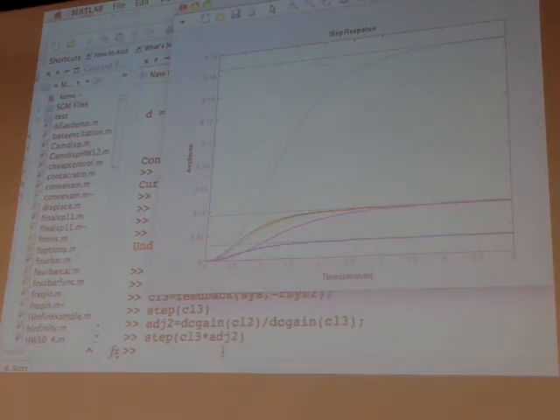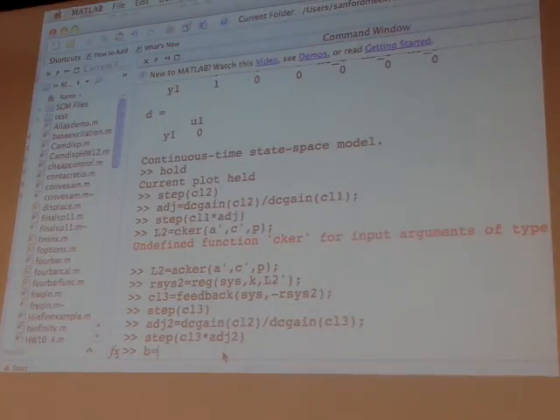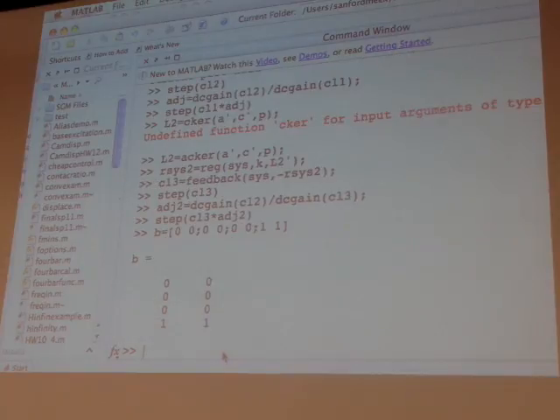Let's do something different. Well, then, here's the new B matrix.